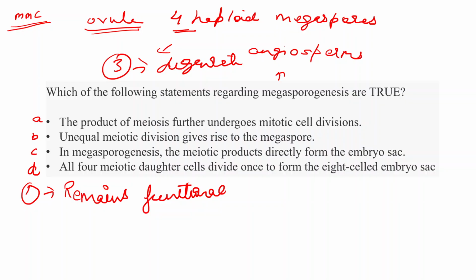Then this functional haploid megaspore undergoes three rounds of mitotic division.